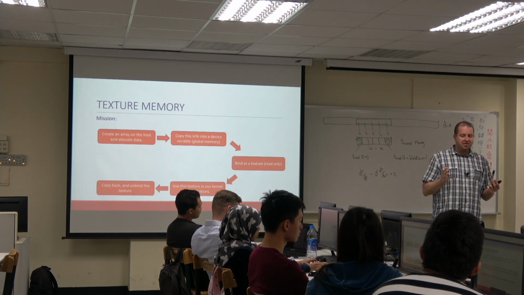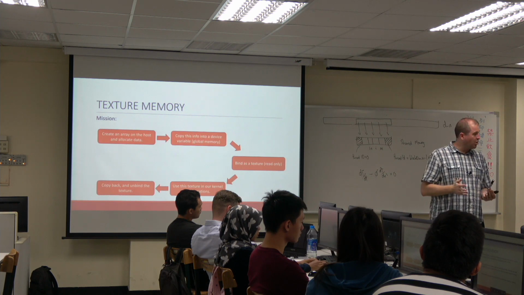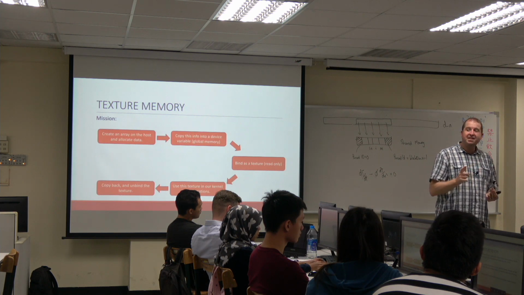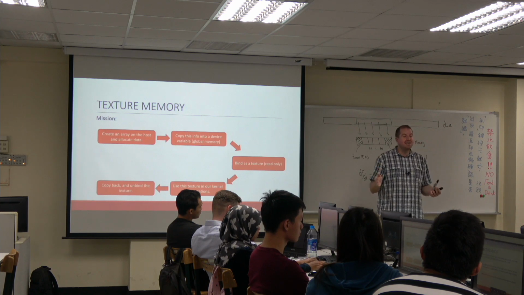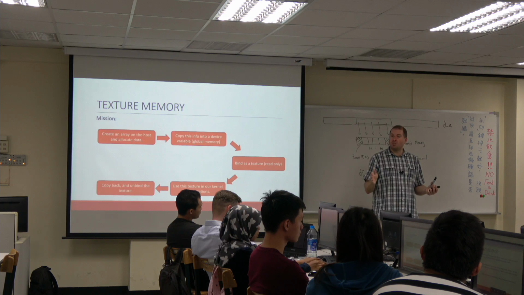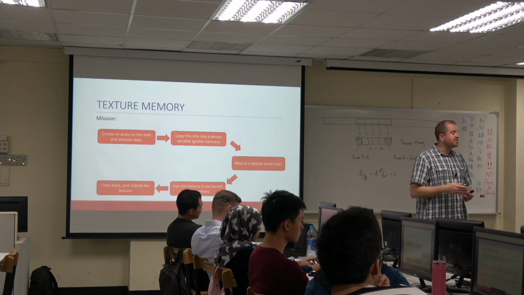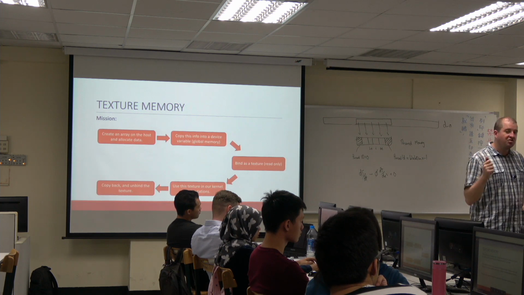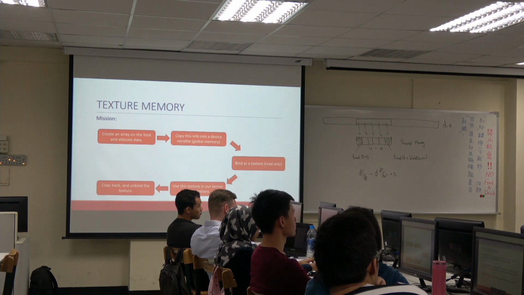The cache in each SM is very small. It doesn't mean that we don't have a lot of memory available for texture memory, because every texture memory variable is stored in global memory, and then we do cache copies to try to improve the performance. That's the only difference. So texture memory is cached, which means one thing.